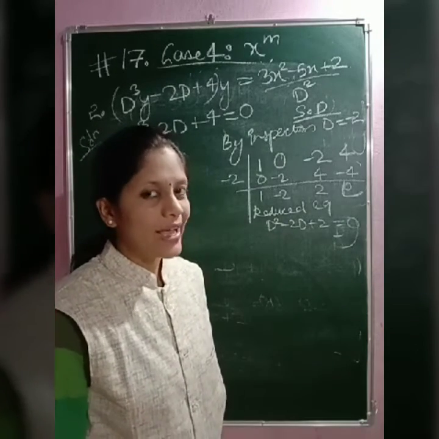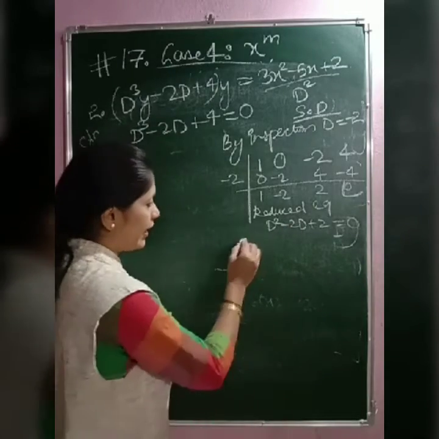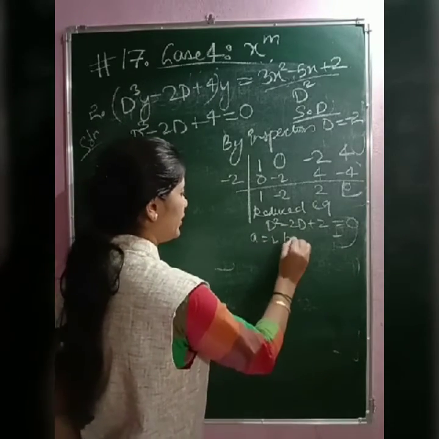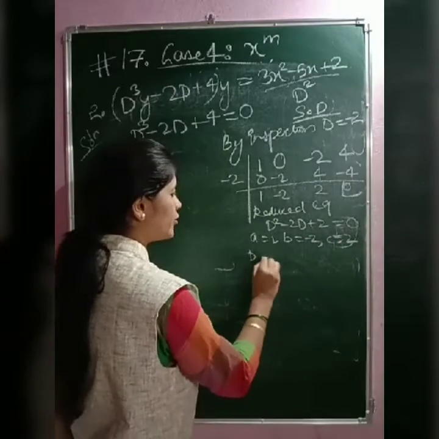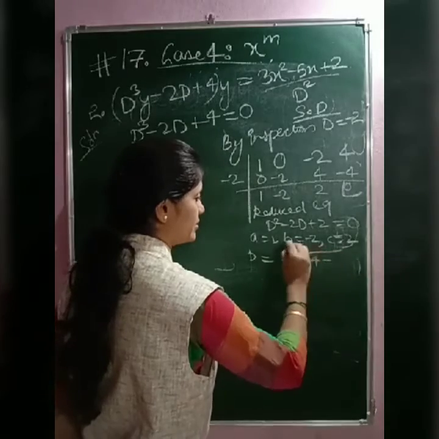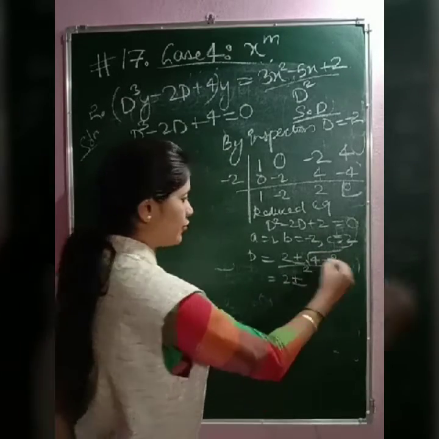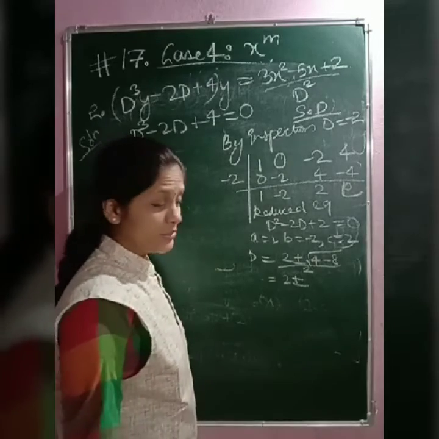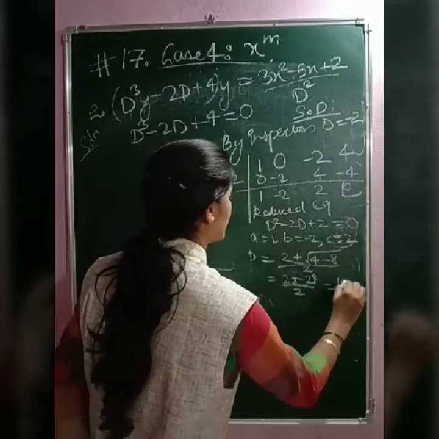So you cannot find the roots by the factor method. Here a equal to 1, b equal to minus 2, c equal to 2. So D equal to minus b plus or minus square root of b square minus 4ac, by 2a, that gives 2 plus or minus square root of 4 minus 8, which is root minus 4, that is 2i, by 2, equal to 1 plus or minus i.